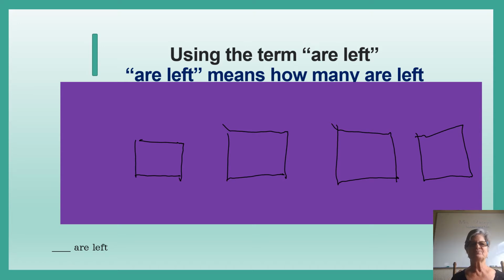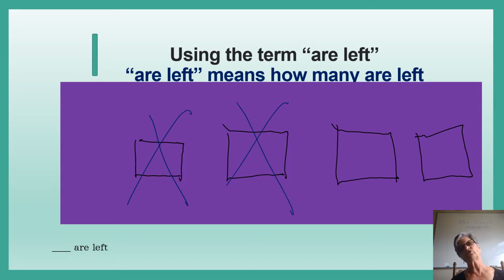This time, my baby brother comes along and he gets mad at me. So he throws 2 of the blocks off the carpet. So I'm going to put an X on 2 of those blocks. 1, 2.